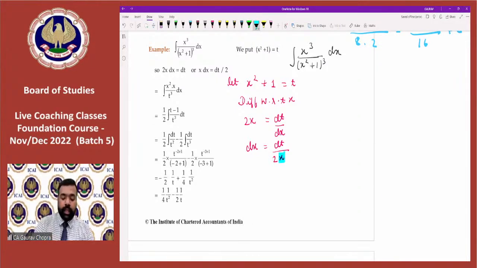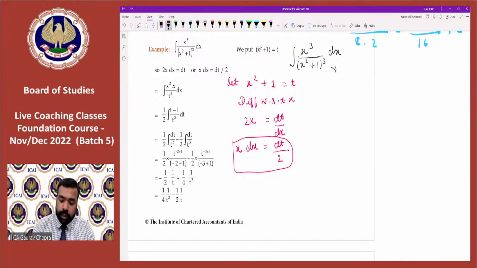So how to convert? One thing can be done. We can put this x with dx. So let's do this. We can write x dx is equal to dt by 2. All right. We can substitute the value of x dx.